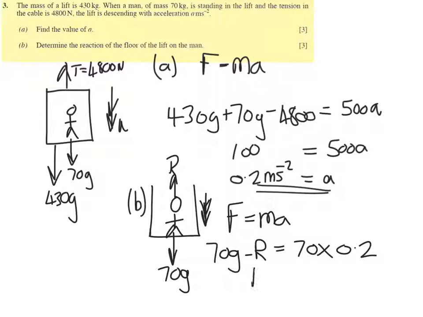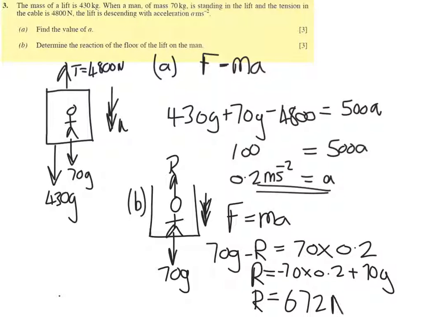So the reaction equals negative 70 times 0.2 plus the 70G, did that the wrong way around, but you should get R to equal 672 newtons.